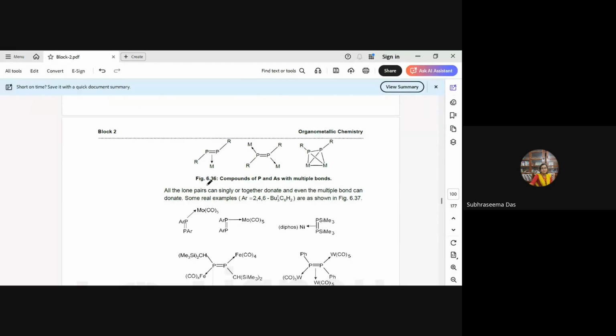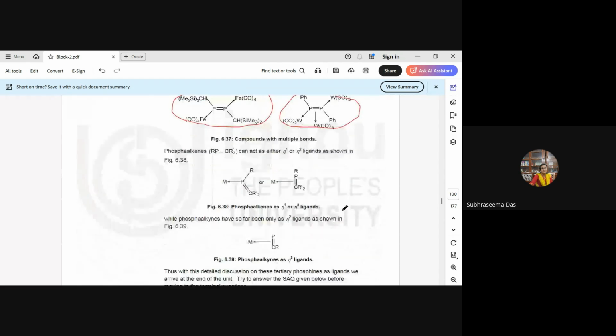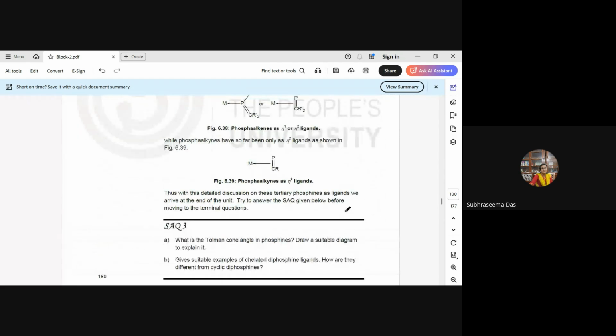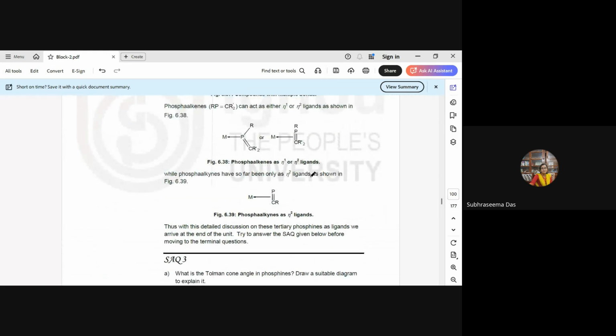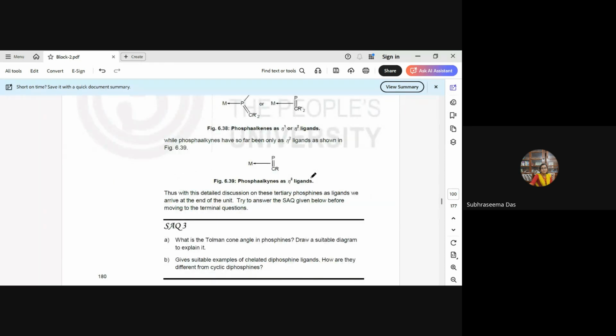Here in example 6.36, we can see compounds of P and arsenic with multiple bonds. Here we have P double bond P, and different types of multiple bonds. These are phosphoalkynes and phosphoalkenes with different types of ligands.